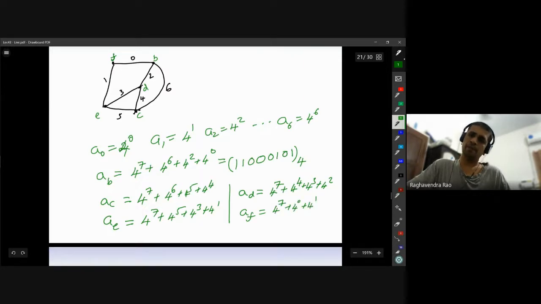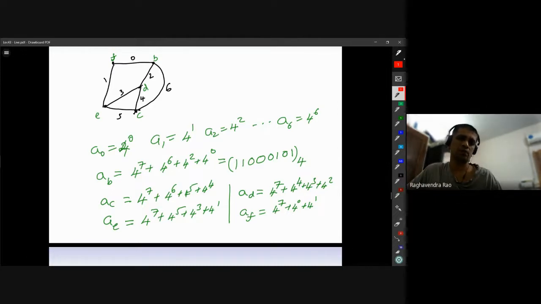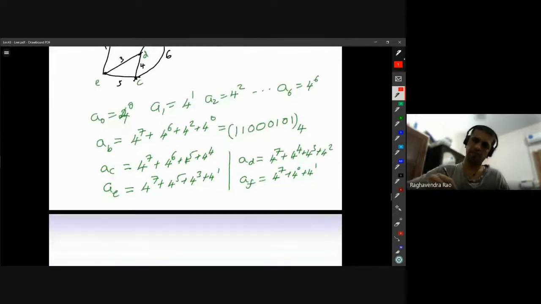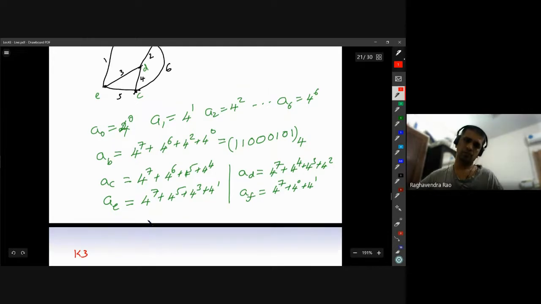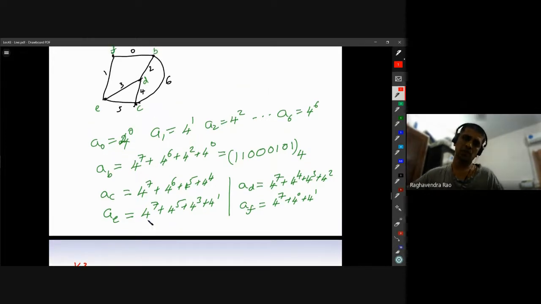Okay. So let's take any vertex cover. Is there any vertex cover of size 1, 2, 3? Let's take case 3. Okay, BDE is a vertex cover.